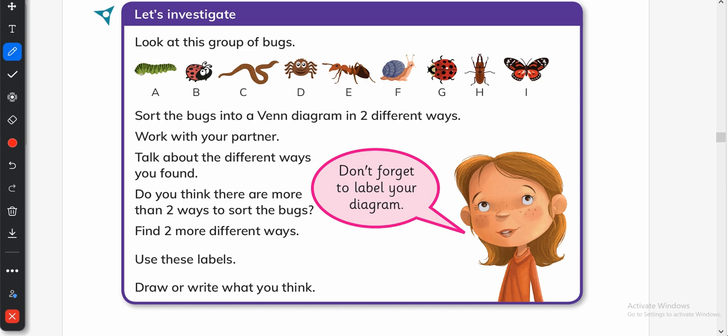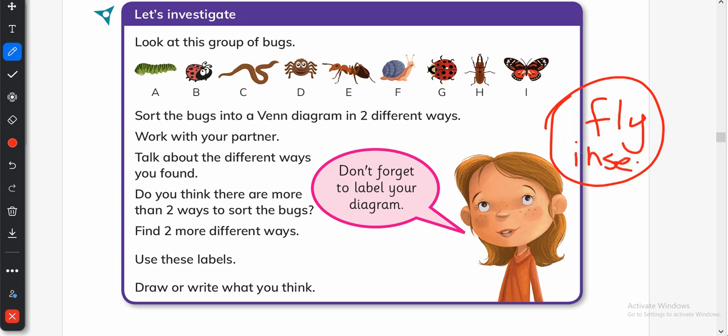Okay, the first Venn diagram I'm going to make is about these insects that can fly. Like flying insects. Flying insects will come inside, all of the insects will go outside.